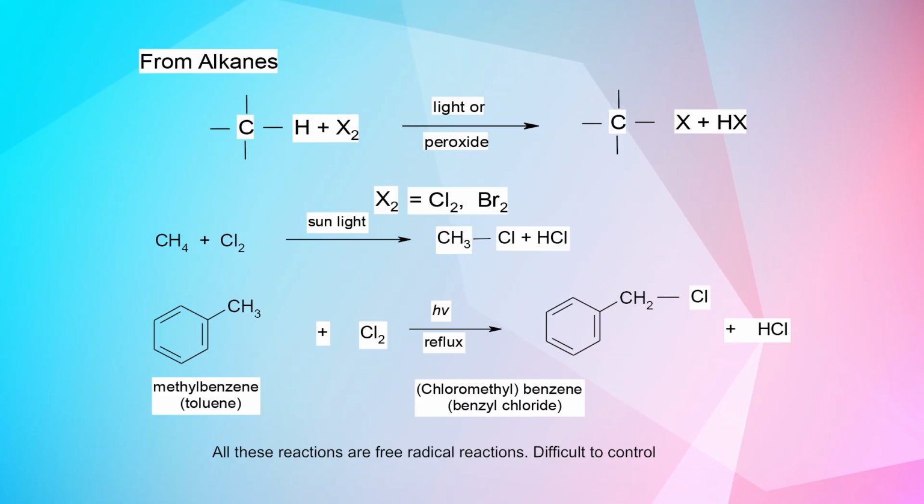That is, propene with HBr gives 2-bromopropane, but propene with HBr in presence of peroxide gives 1-bromopropane. In the first reaction the mechanism is ionic, where the reaction is initiated with the attack of the double bond on H plus. In the second case, it is a free radical reaction where the reaction is initiated by a Br free radical.